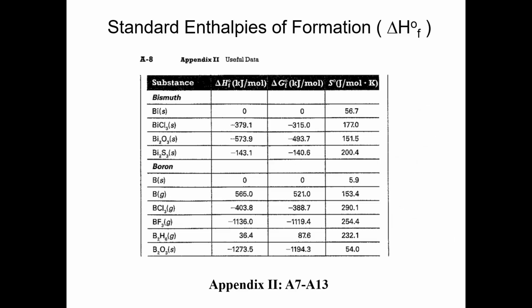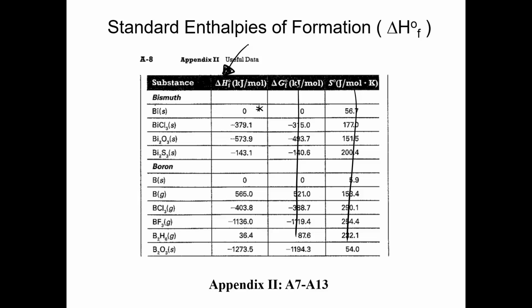Let's take a look at the table. Okay, so there's a ton of them out there, right? We're not after delta G and S. We are after delta H of formation. You need to be able to look up those values, right? As you go through this table, there are elements that have a value of 0 next to them.